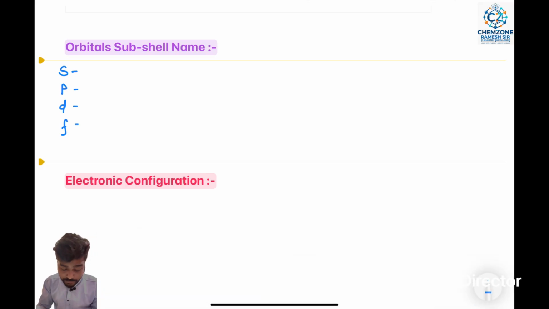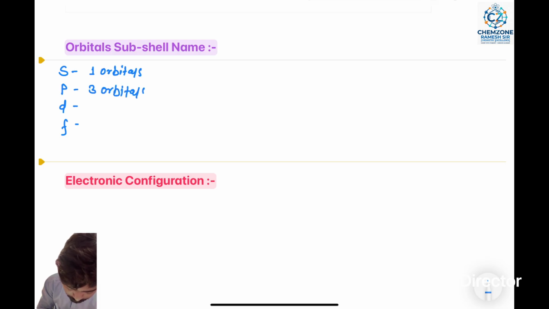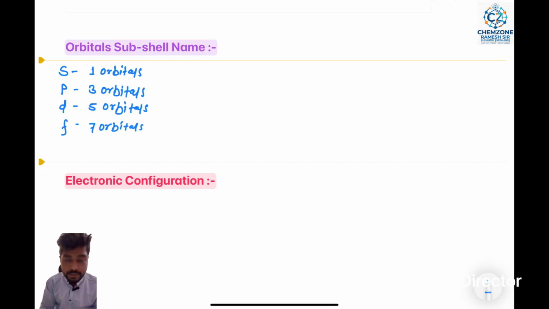So s means 1 orbital, p means 3 orbitals, d means 5 orbitals and f means 7 orbitals. Okay, that is the number of orbitals.